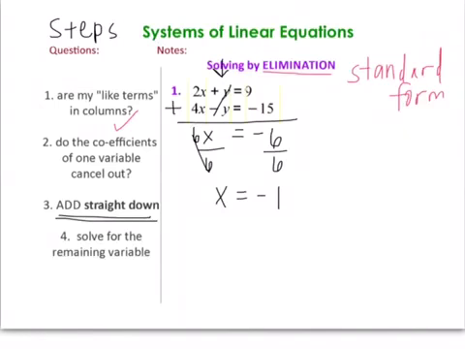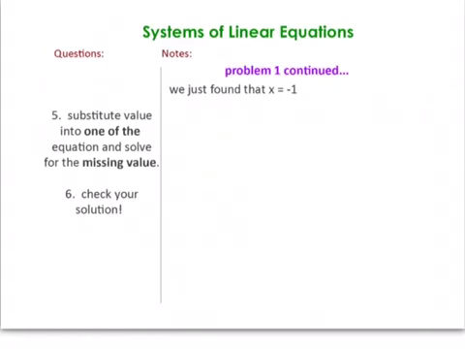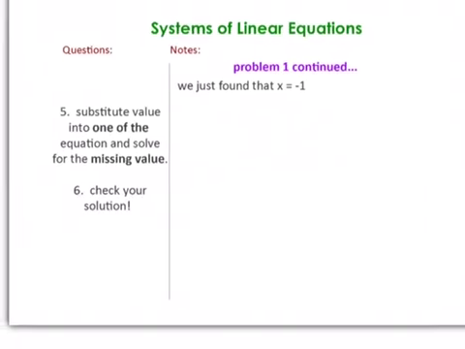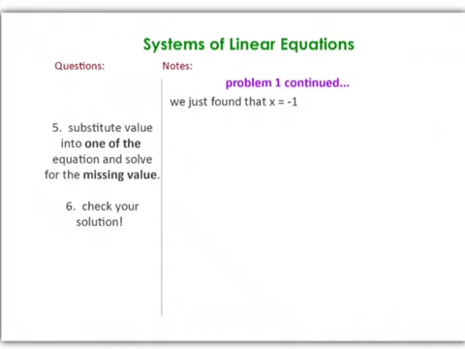So this is step 1, solving for one of your variables. Eliminating one, solving for the other. So we just found that x equals negative 1. What I'm going to do is substitute that value into one of the equations and solve for the missing value. So I have, back to my pen, 2x plus y equals 9.